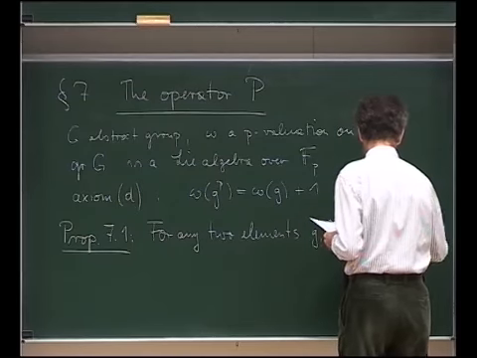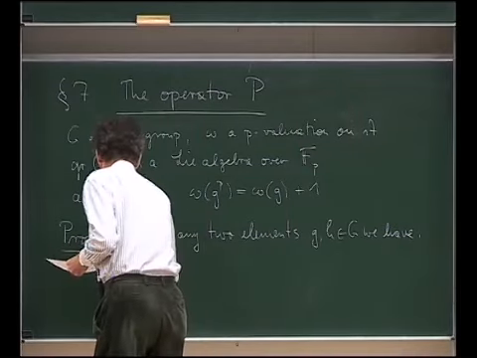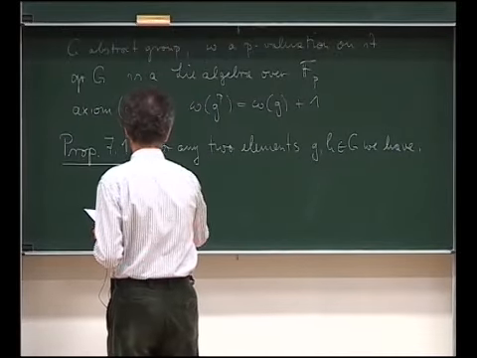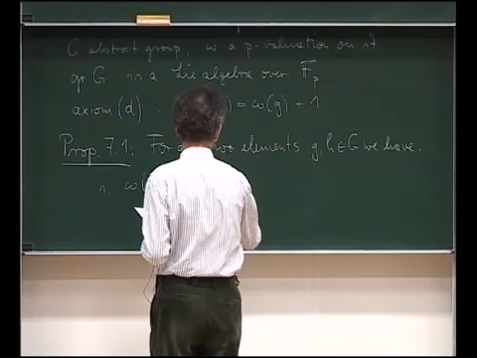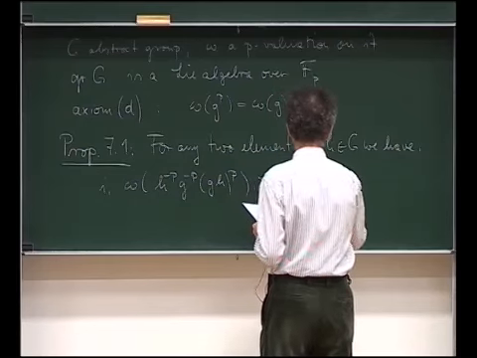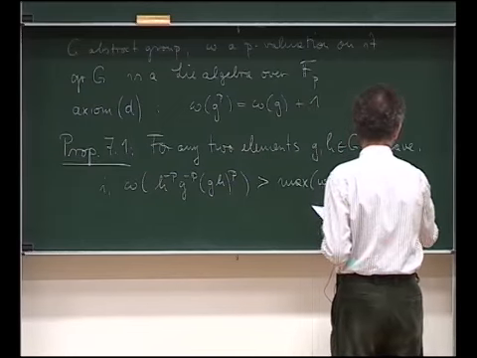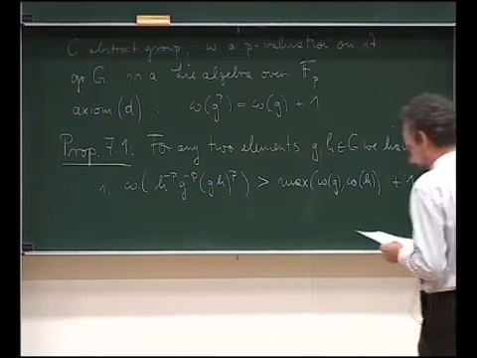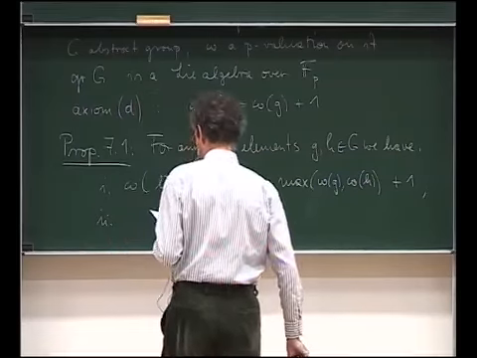For any two elements g and h in G, we have omega of (h^{-p} g^{-p} (gh)^p) is strictly bigger than the minimum of omega(g), omega(h) plus 1.